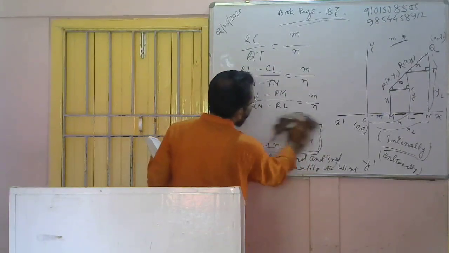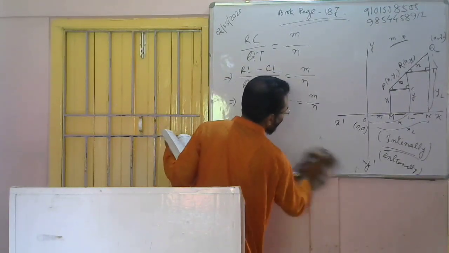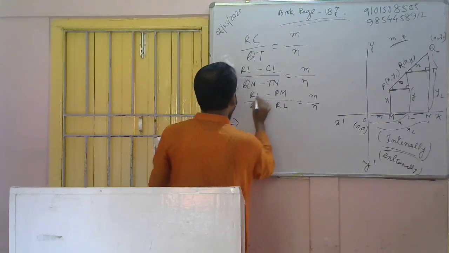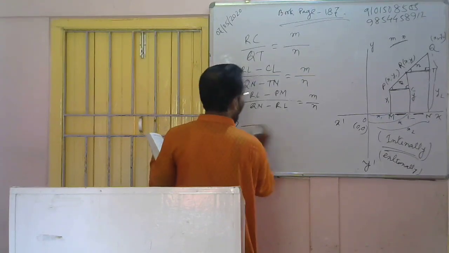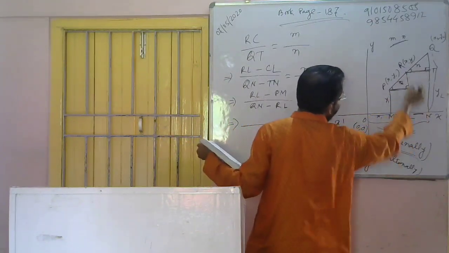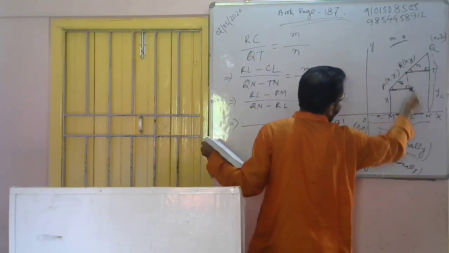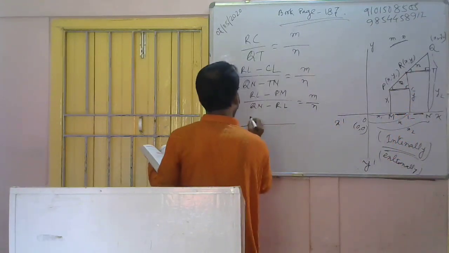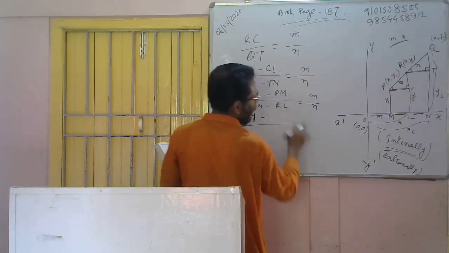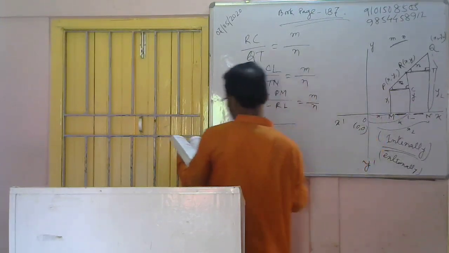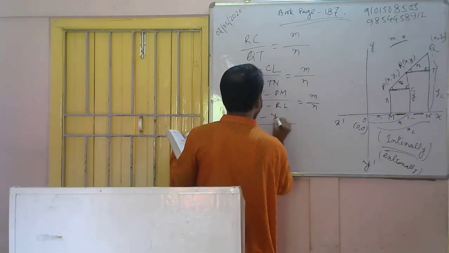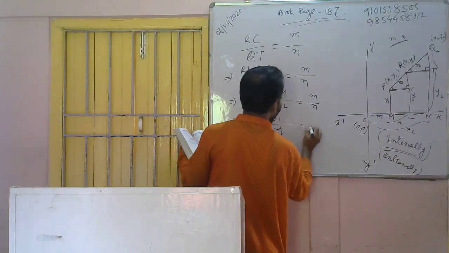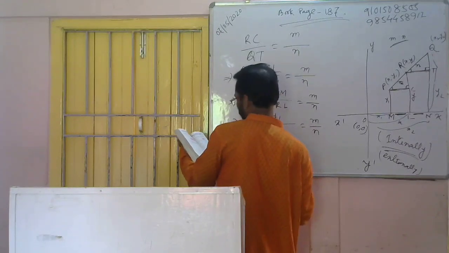So from the diagram, you see, what is RL? RL is this perpendicular distance, and this is nothing but the y coordinate, y minus Pm. What is Pm? y1. So y minus y1 by y2 minus y is equal to m by n.